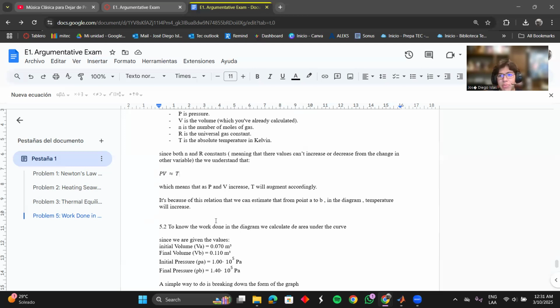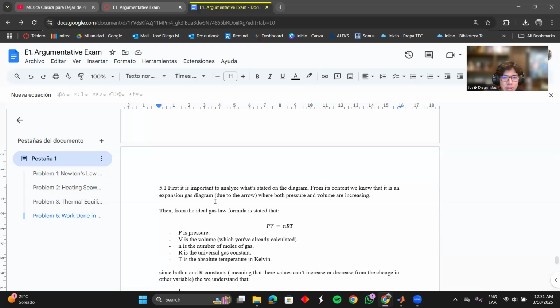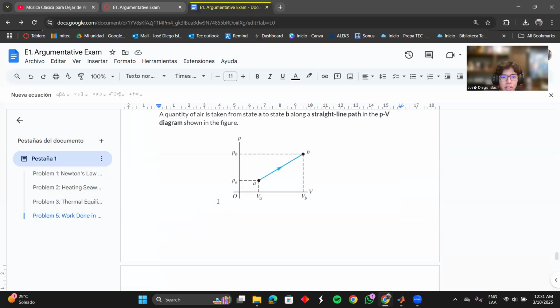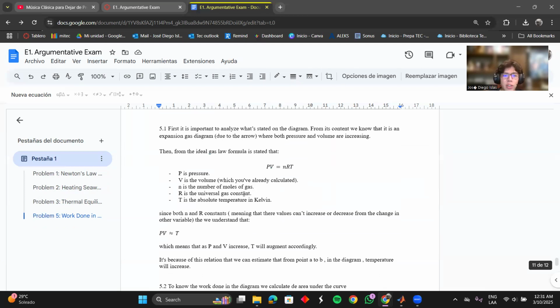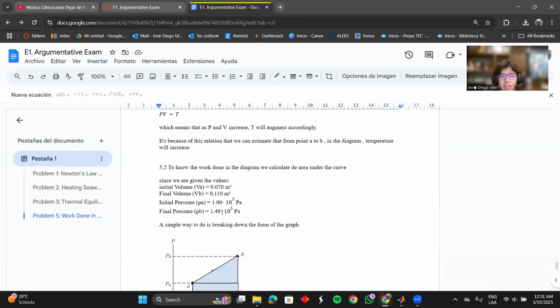A bit of logic. So yeah, we know for a fact that it will expand no matter what, because the numbers here of VB and PB are bigger than VA and PA, right? So yeah, we know that it expands, right?